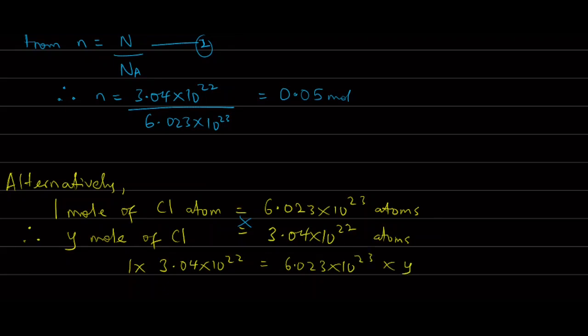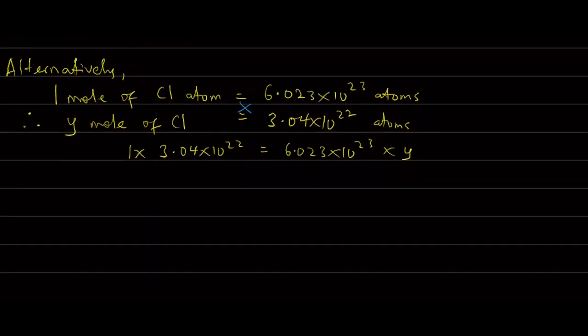We are interested in getting the value for y, so we divide both sides by 6.023 × 10^23, and that gives us 1 times 3.04 × 10^22 over 6.023 × 10^23 equals y.